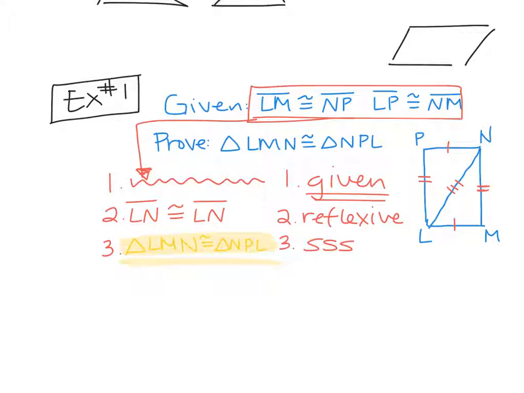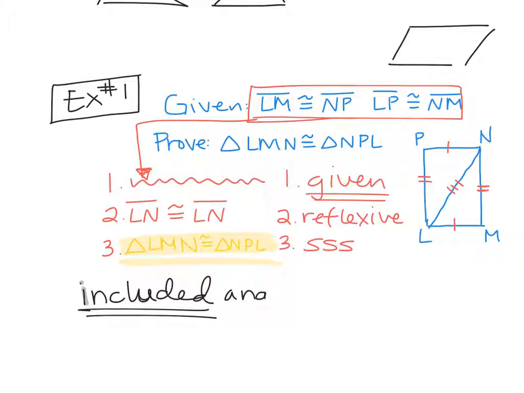The next one that we're going to talk about uses a word that we need to define before you can move on. It talks about the included angle. Okay, and I'll get to what the postulate actually says. But the included angle in a triangle is the angle that's between the two sides that we're talking about.